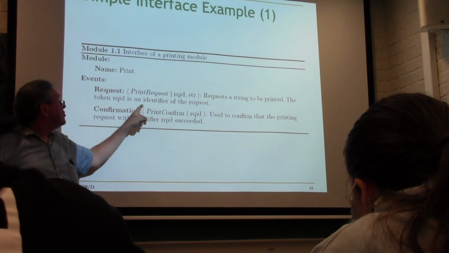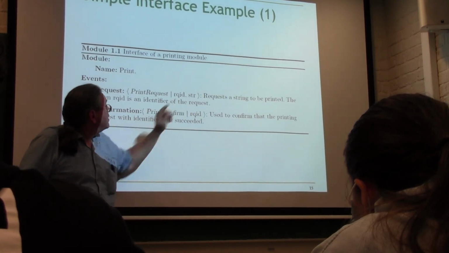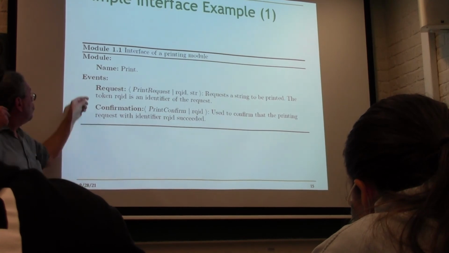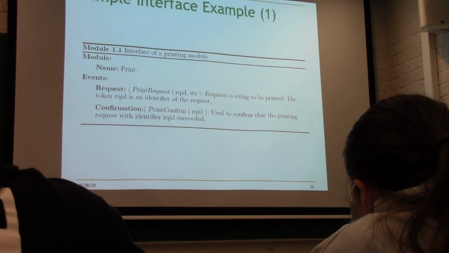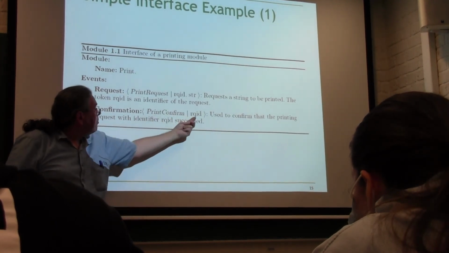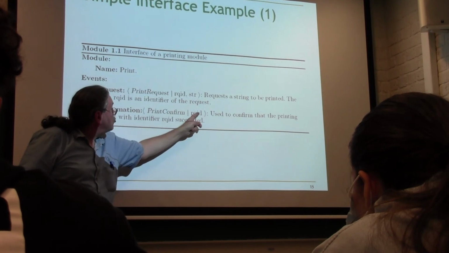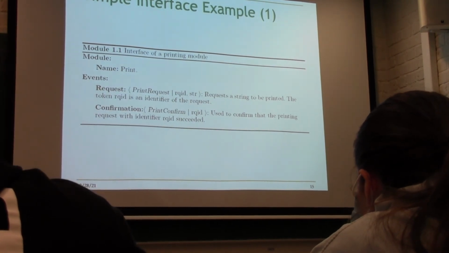Print request is like the type, and these are two arguments, request ID and a string. This is pseudocode, so we're going to assume that all the data types we need exist and that they're nice, okay? And then when you do a confirmation, print confirm, this goes back up, and it tells you this print job, RQID, has been done, okay?